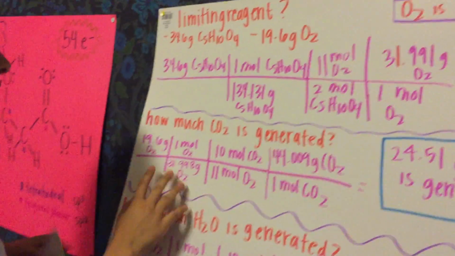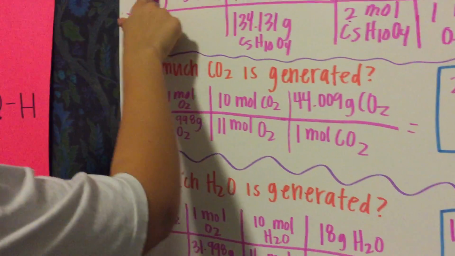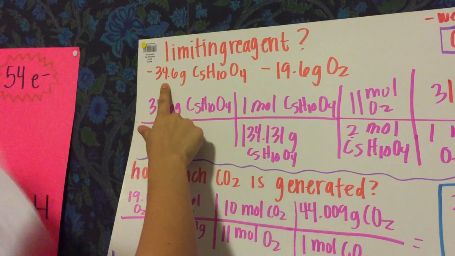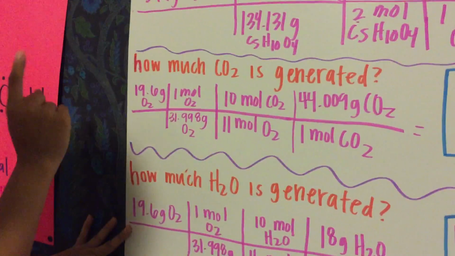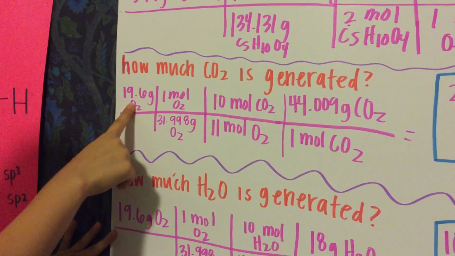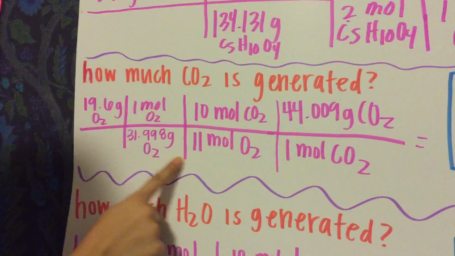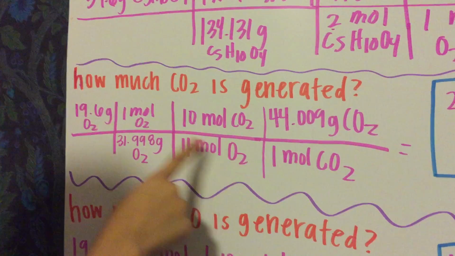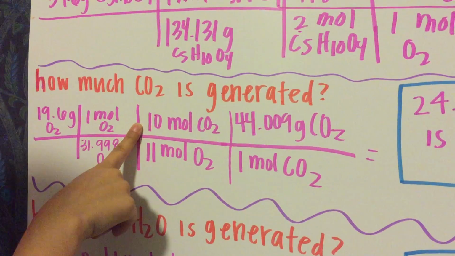So when we figure that out, we can come over here and figure out how much CO2 is generated when we only have these 34.6 grams of our molecule and 19.6 grams of oxygen. So I started with 19.6 grams of oxygen, converted that, 1 mole of oxygen is 31.998 grams. And then for every 11 moles of oxygen that we use, we produce 10 moles of carbon dioxide.